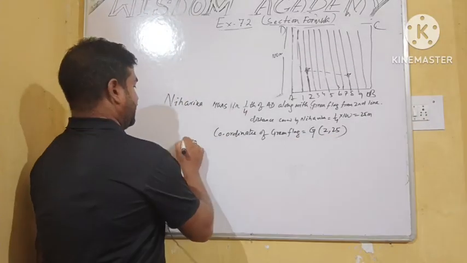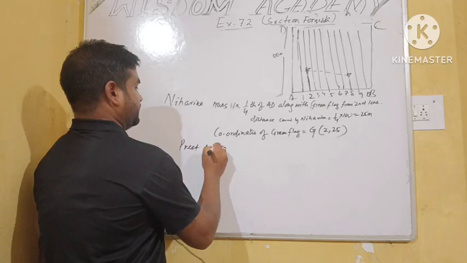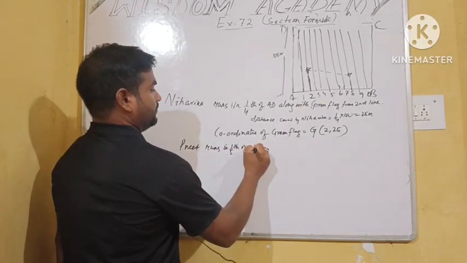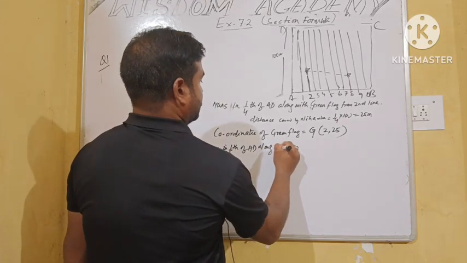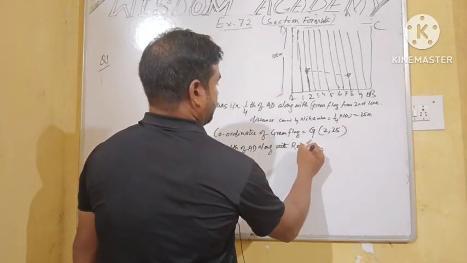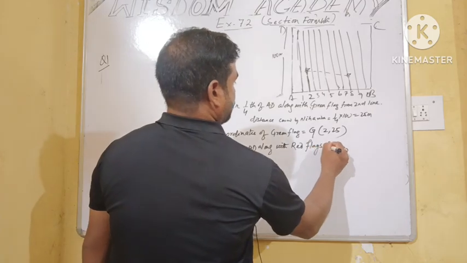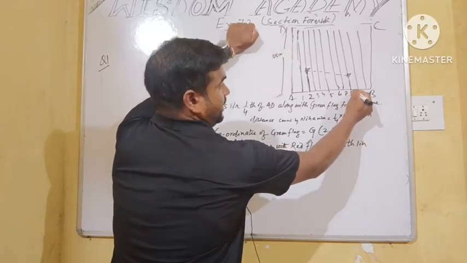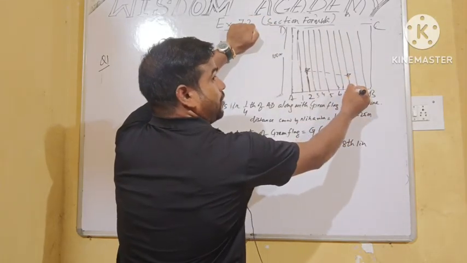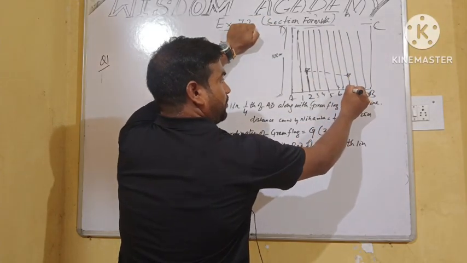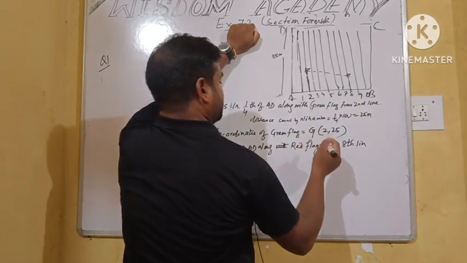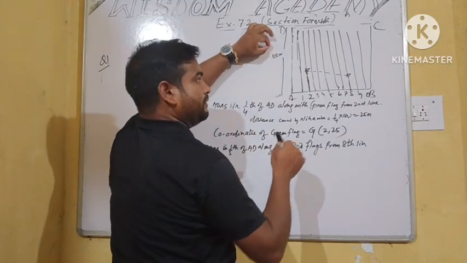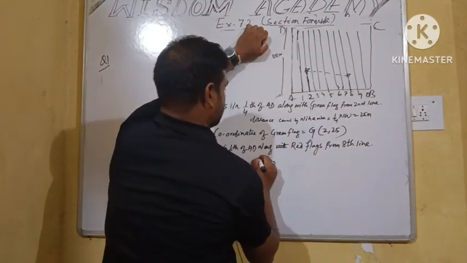Then Preet runs 1/5 of AD along with the red flag from the 8th line. How much distance is covered by Preet? 1/5 of AD means 1 by 5 into 100, which is 20 meter.